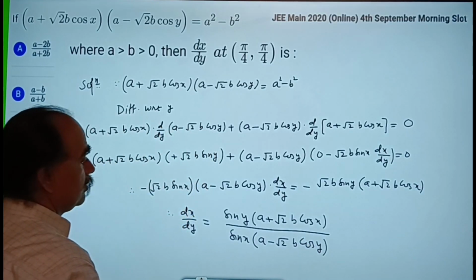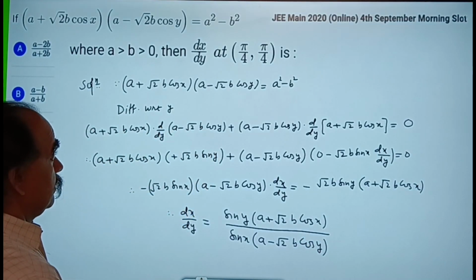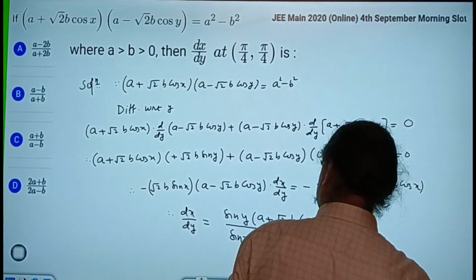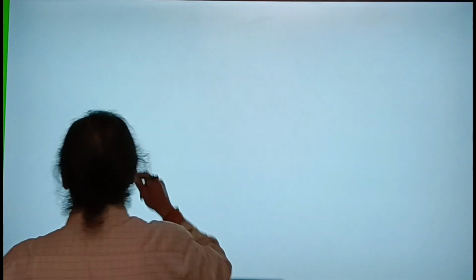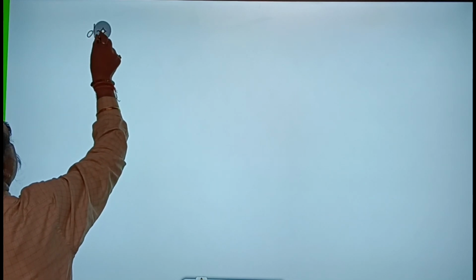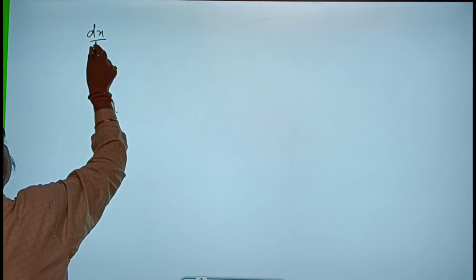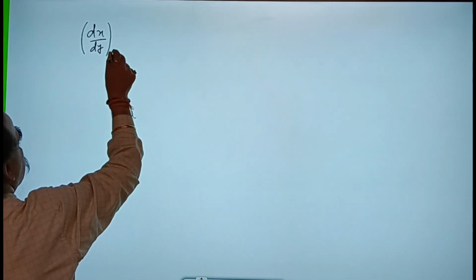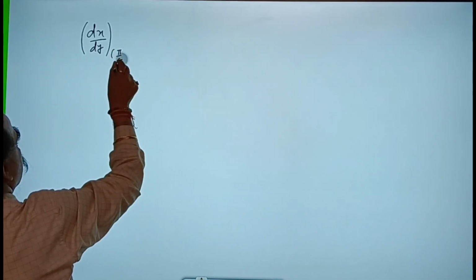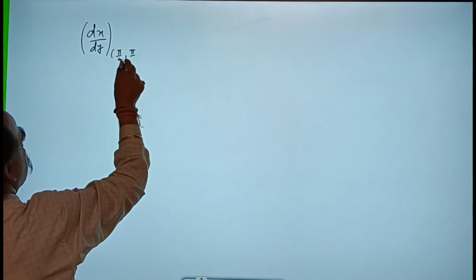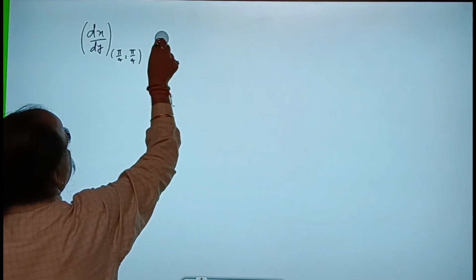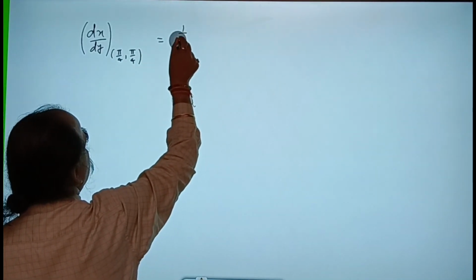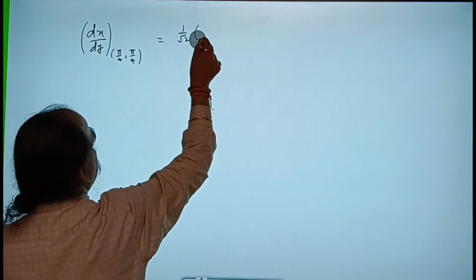Now when x and y are pi by 4, pi by 4, so dx by dy at pi by 4, pi by 4: sin 45 and cos 45 both are 1 by root 2.